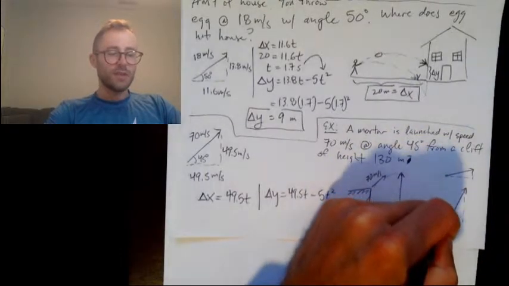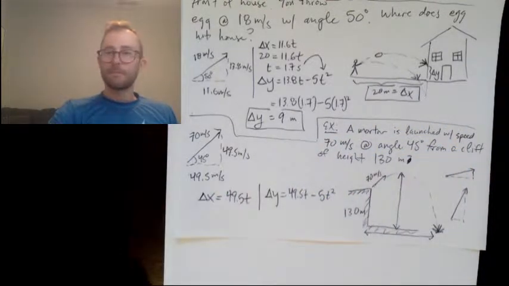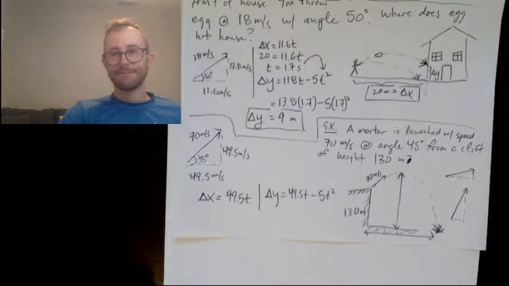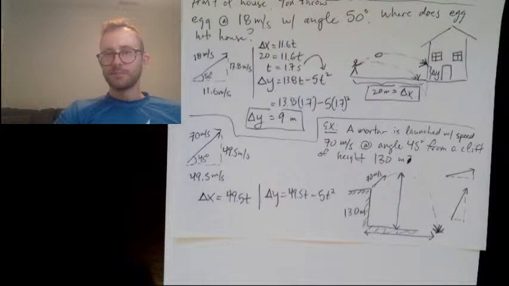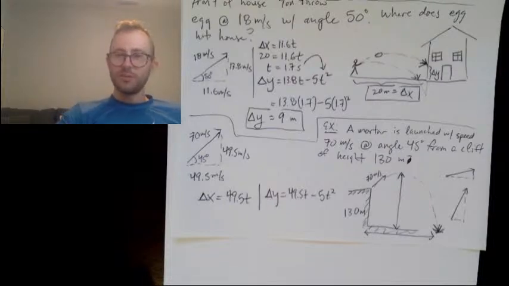So what is the mathematical condition that means that the mortar hits the ground? Type it into the live chat if you know. I will wait. We don't have delta y equals 0 in this problem.